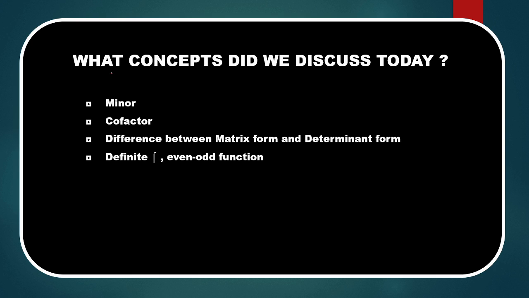So finally we can see what concepts we discussed today. We saw how to find the minor of a matrix and how to find the cofactor of the matrix. Cofactor is nothing but minor with signs. And we saw the difference between matrix form and determinant form. One of the important differences is scalar multiplication.